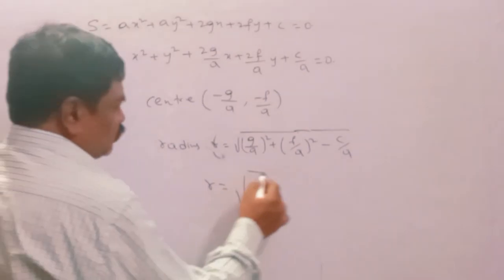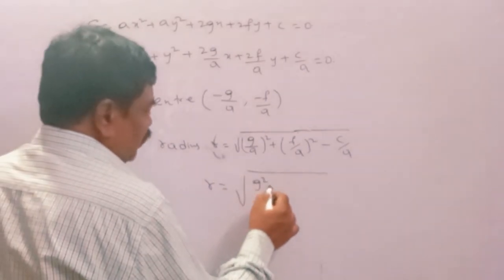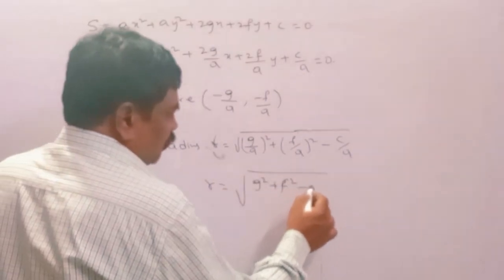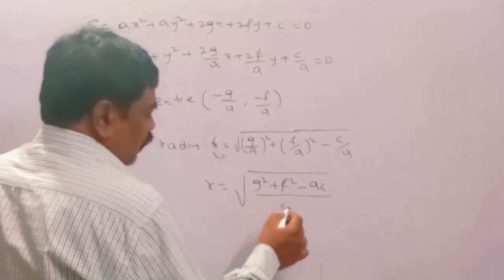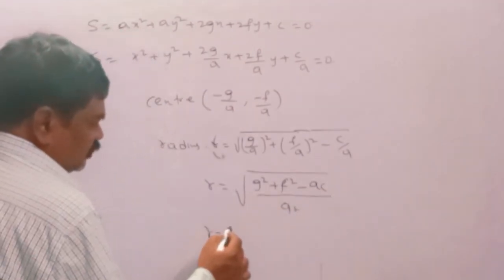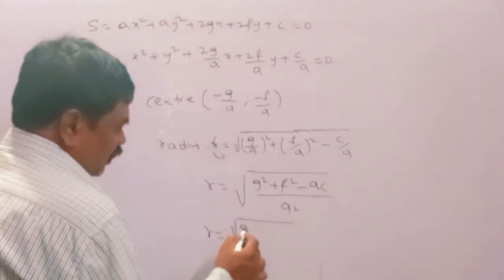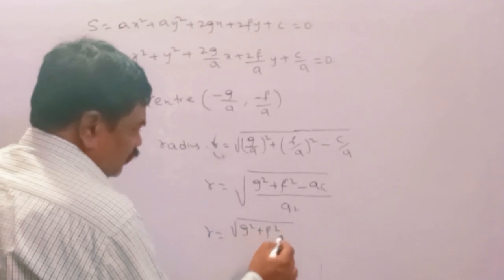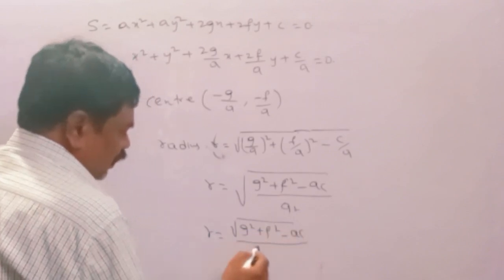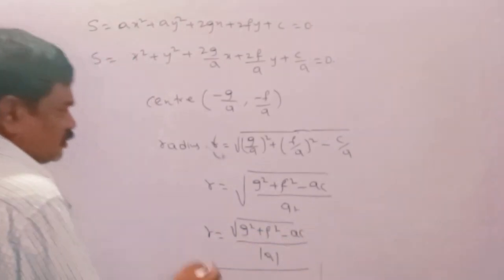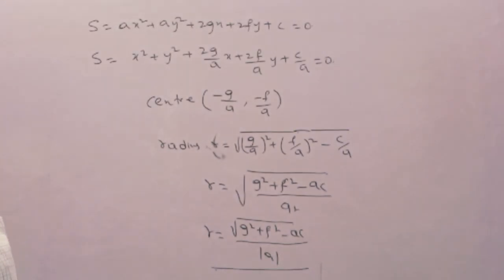R is equal to root over g square plus f square minus ac by a square. We can write it as root over g square plus f square minus ac by mod a. This is the radius of the circle.